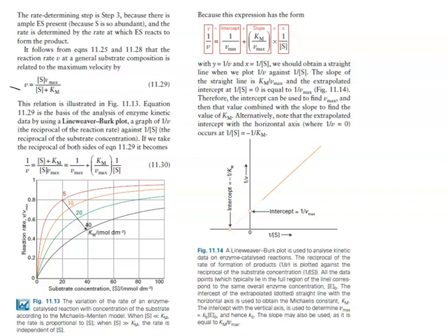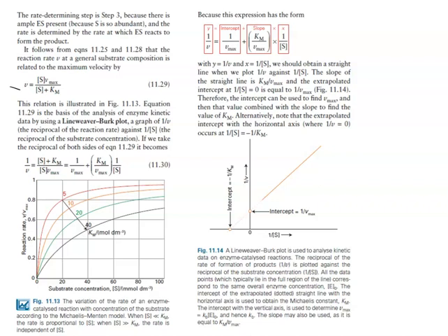Let's take a look at it. So in 11.13, we see on the y-axis we have the reaction rate. On the x-axis we have substrate concentrations. And we have different K sub M's on our different isotherms. So the variation of the rate of the enzyme catalyzed reaction with concentration of the substrate according to the Michaelis-Menten model is what's shown.